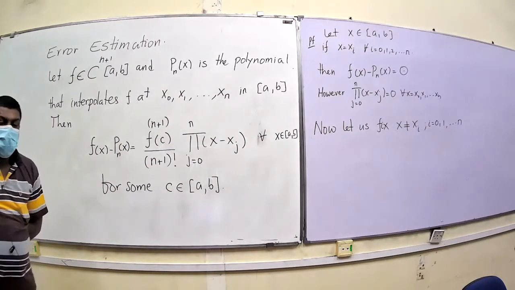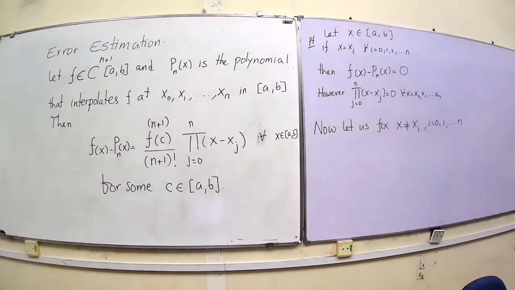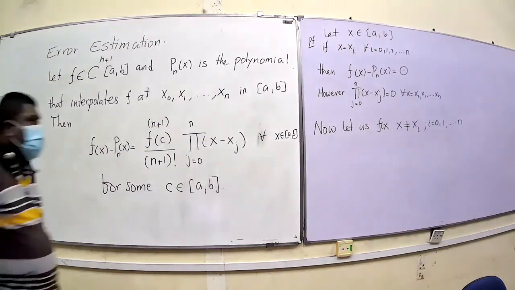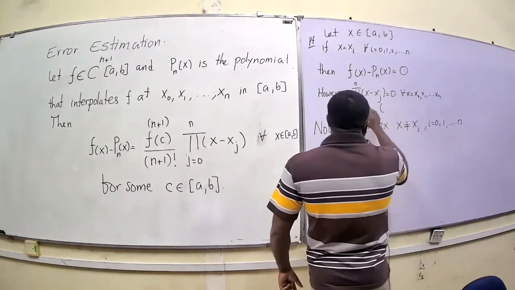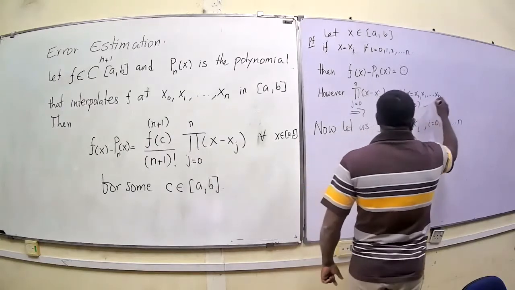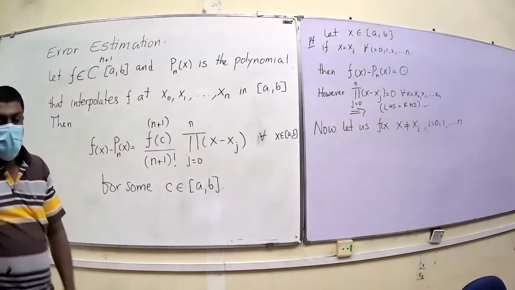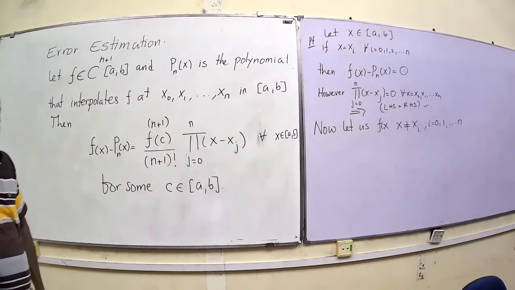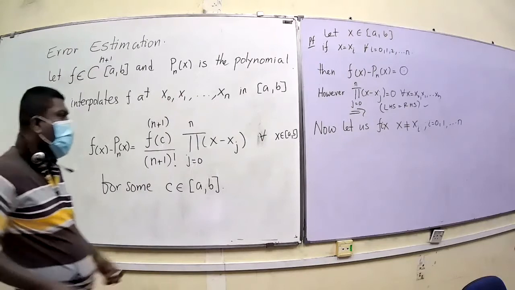Because whenever x is equal to one of the xi, the left hand side is 0 and the right hand side is 0, so there is nothing to prove. That's why we exclude those points. So now you take x belonging to [a, b] with x not equal to xi.